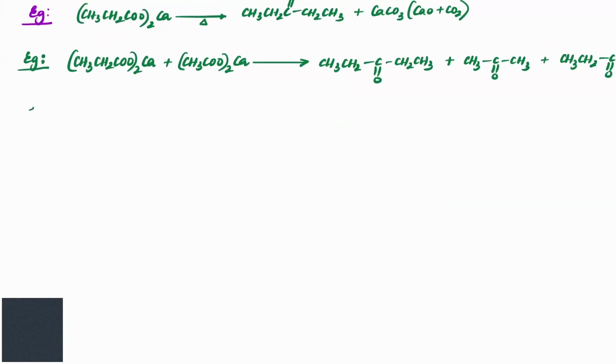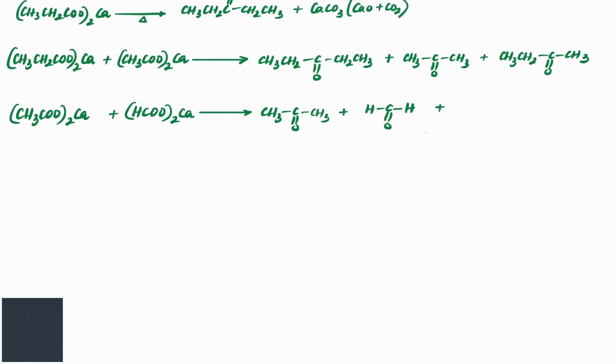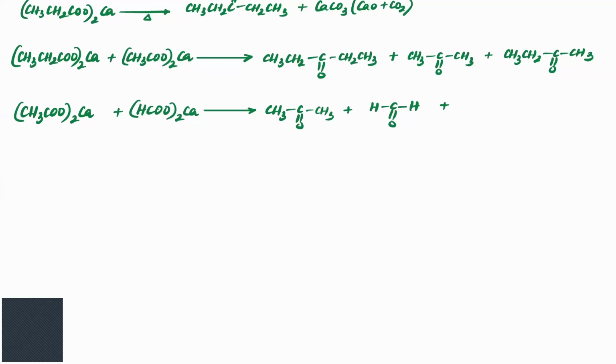Likewise, if I take another example, if you have (CH3COO)2Ca plus (HCOO)2Ca, here we'll get CH3-C(=O)-CH3, which is acetone, and the self of formic acid will be formaldehyde, and the cross is CH3-C(=O)-H, because this H⁻ will connect here.